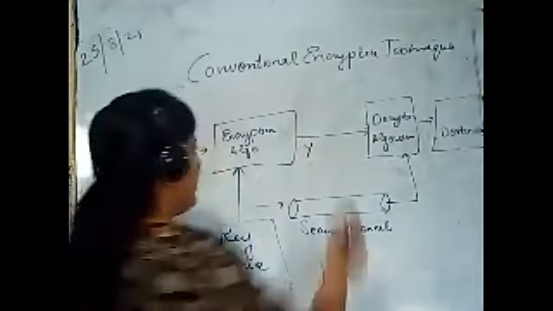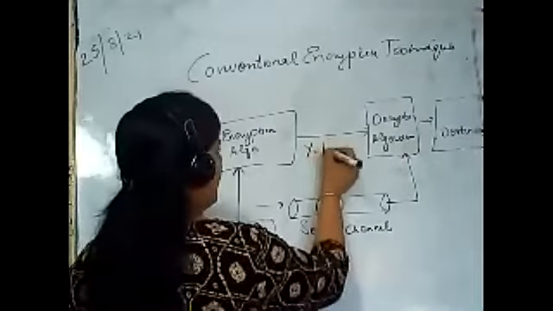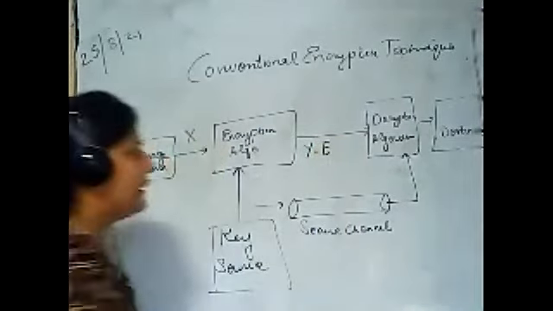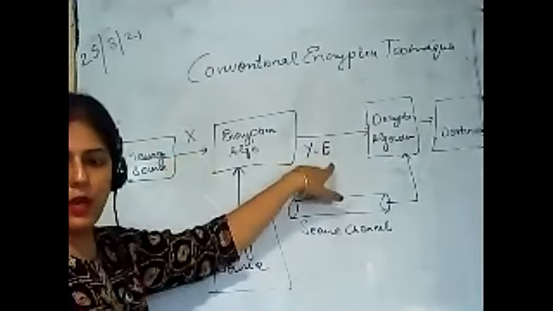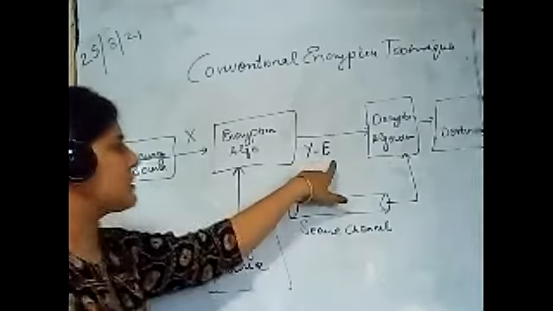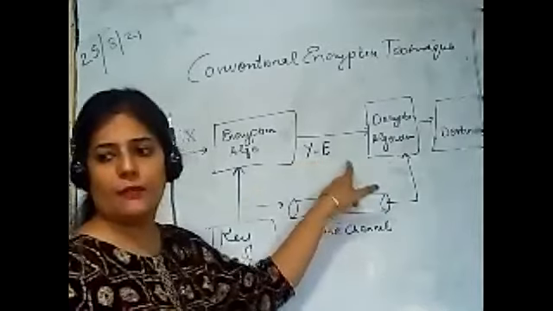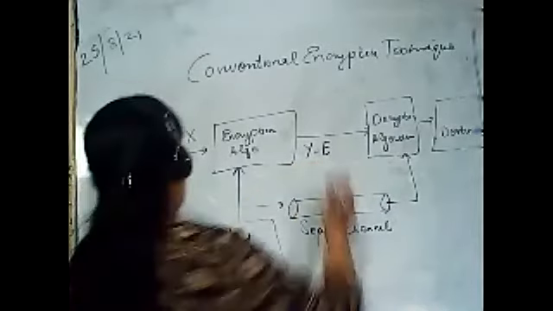Now this y will be equal to E, that is the encrypted message. On which part is the encryption applied?